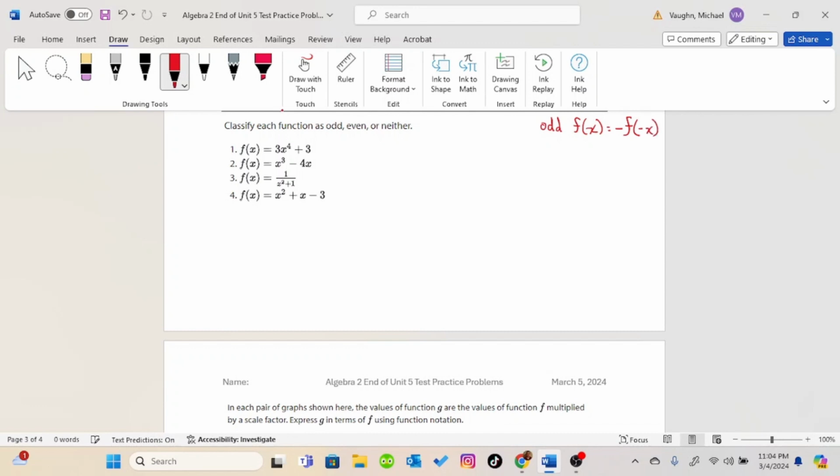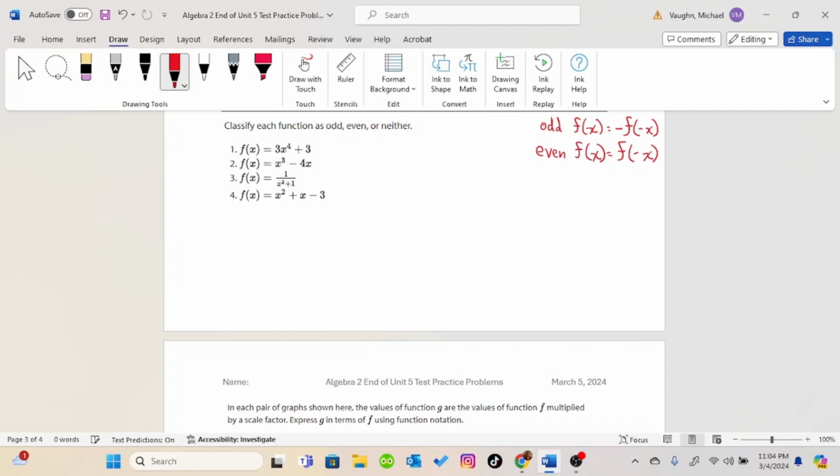In other words, when you substitute negative x, you should get the exact opposite function. When it's an even function, f of x equals f of negative x.